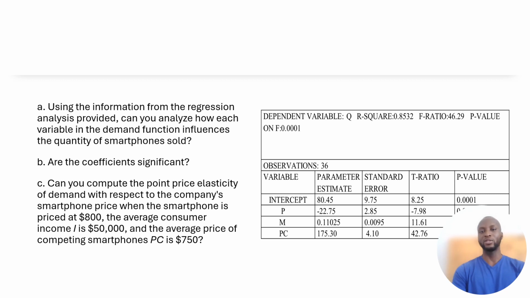Already I can tell that the R square is 85%, or 0.85, which means that it is a good fit for our model, so we can proceed to interpret. This is our F ratio, the absolute value 46.29, and the p-value of the F ratio for our model is 0.0001, which also means that it is statistically significant, because this value is less than 0.05. We have 36 observations, that is, 36 different reports that we're looking into.